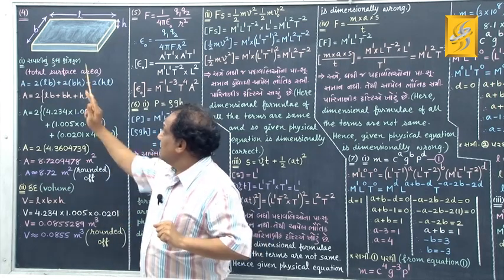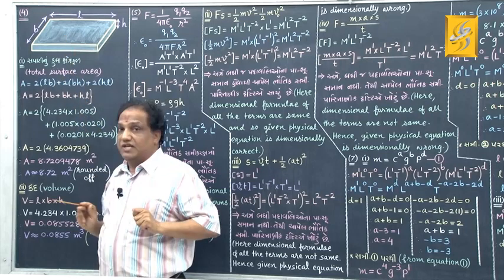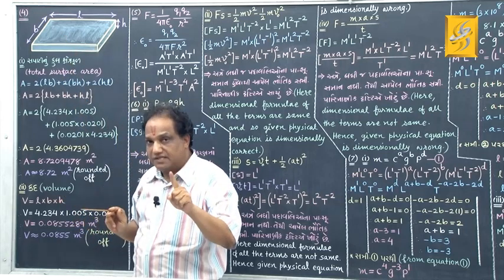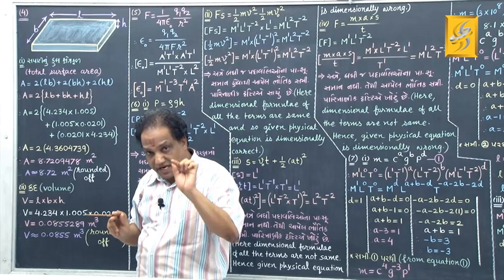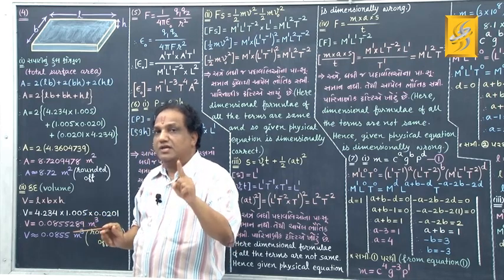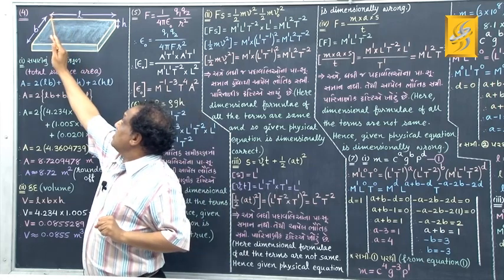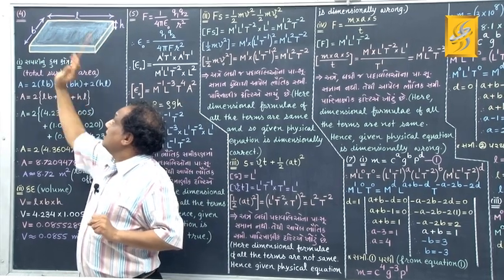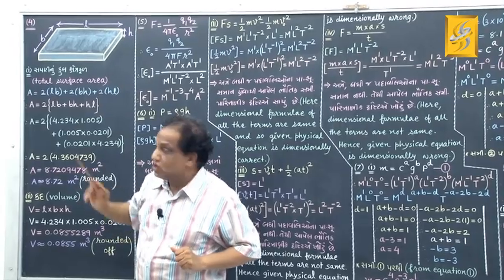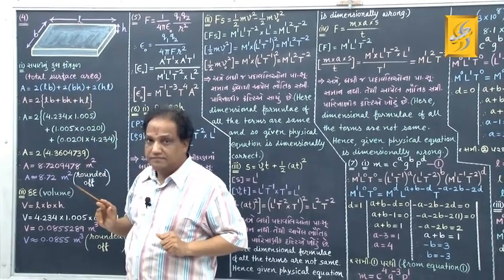Look here. If this is that metallic sheet, because it has rectangular shape, it is a rectangular solid, I can show its 3 dimensions this way. This much measurement, let it be length shown by symbol L, correct?